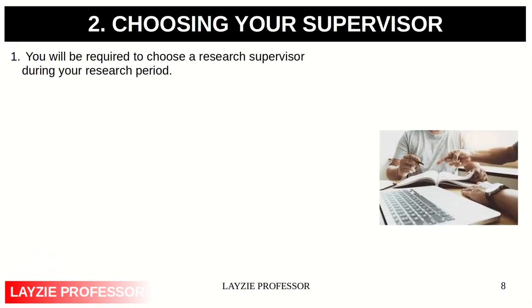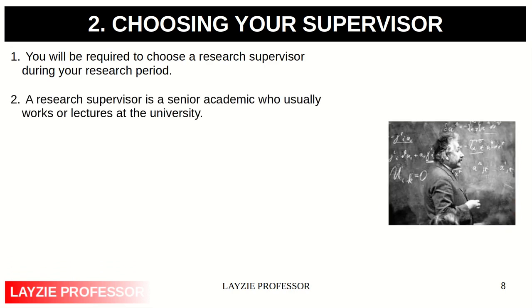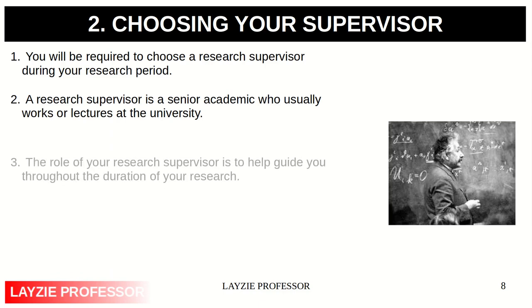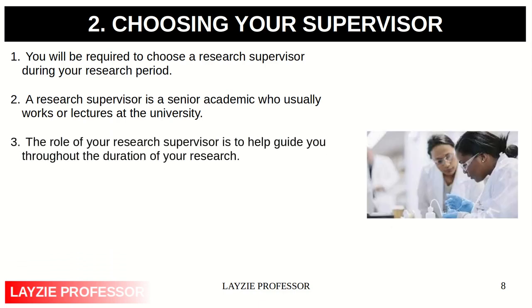As part of your research, you'll be required to choose a research supervisor, and this supervisor will be there to guide you throughout the duration of your research period. And the research supervisor is usually a senior academic, who usually works or lectures at a university, or who works at a dedicated research institution, basically. And the role of your research supervisor is to help you, to guide you throughout the duration of your research.